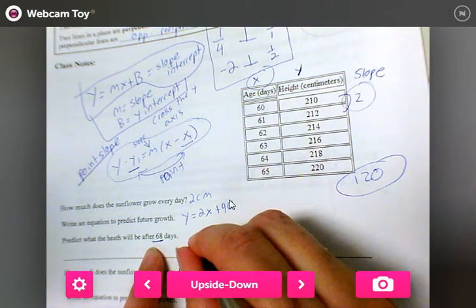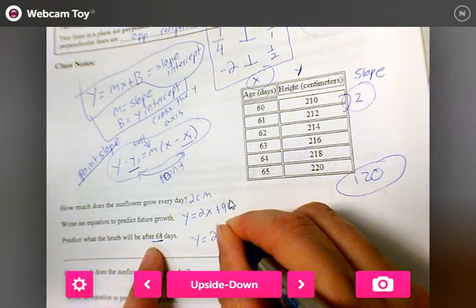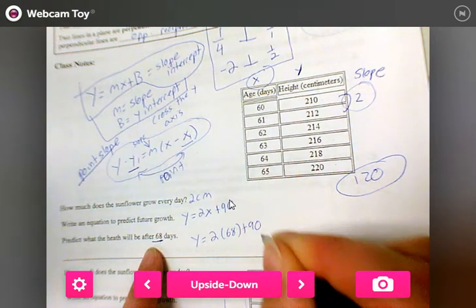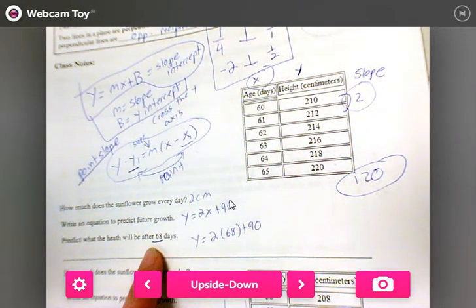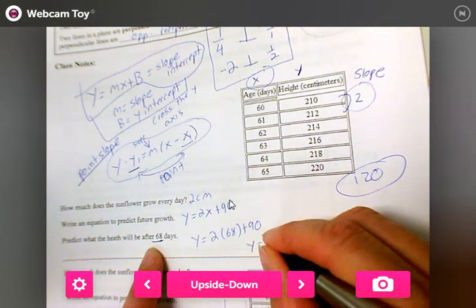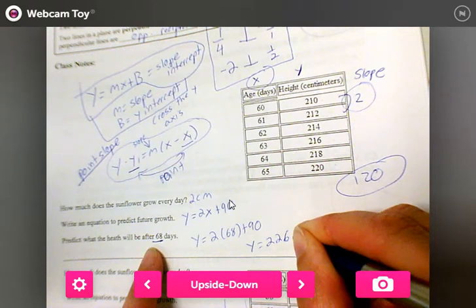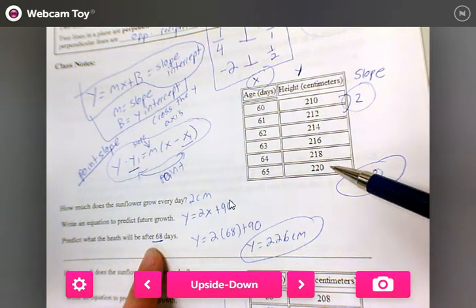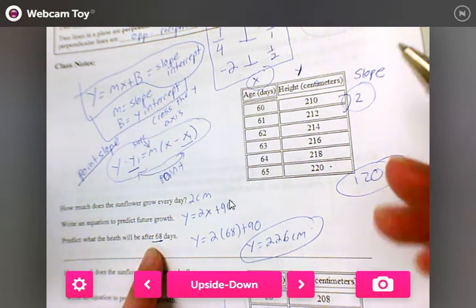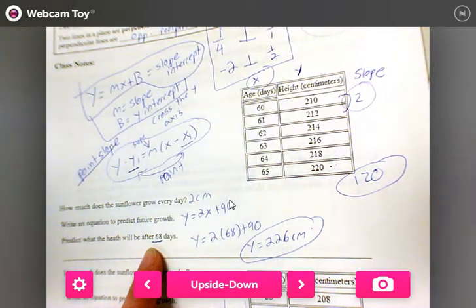So y equals 2 times 68 plus 90. So 2 times 68 is 136, plus 90 equals 226.